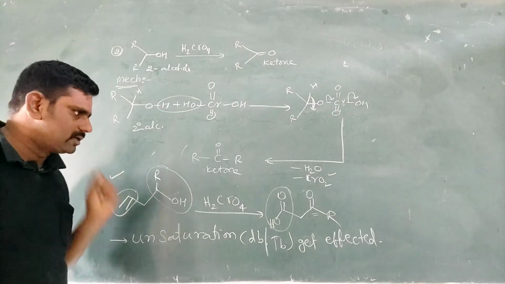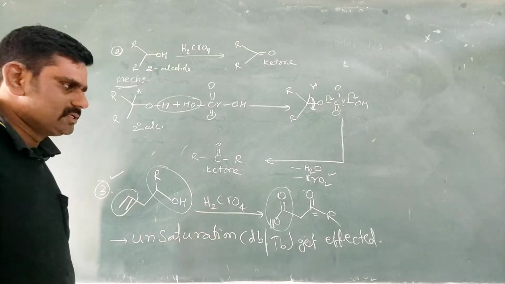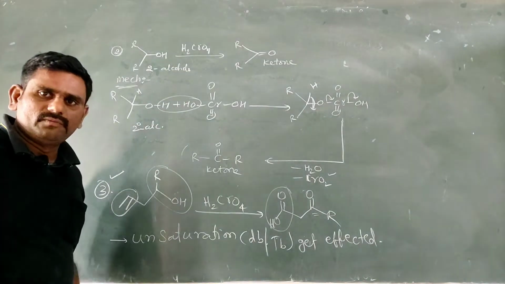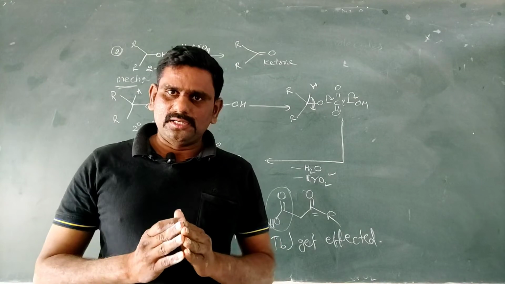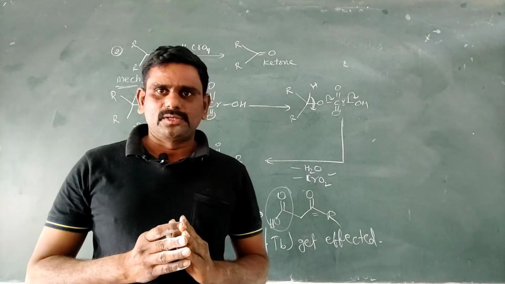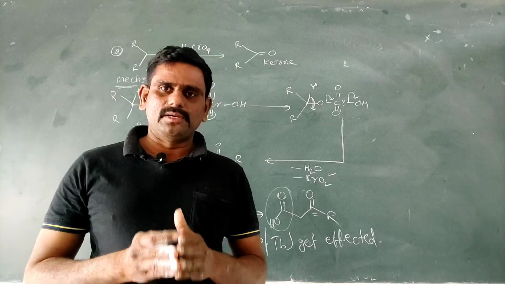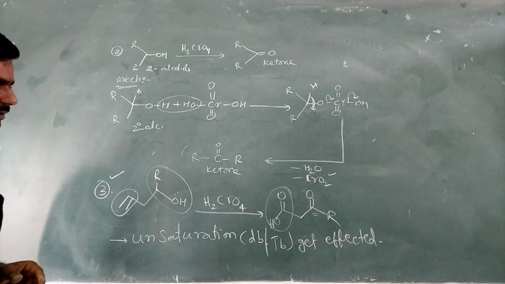Hence unsaturation is getting affected by chromic acid. So if unsaturation is there in the compound, that also undergoes oxidation. This is one of the main disadvantages of chromic acid.